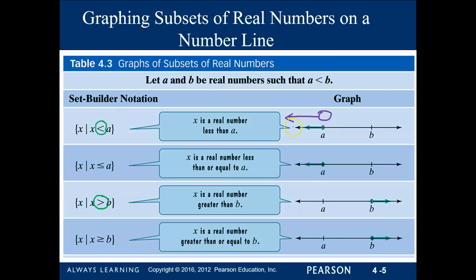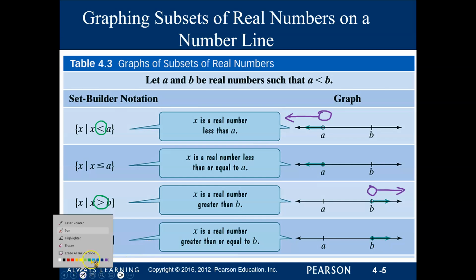So as you can see here, if it is not very clear, this is an open dot. So here, if it is greater than, we are going to the right, so you can see that it's going to be like this. The moment that you have your equal to symbols, okay, instead of having a hollow dot, the ones that are with the equal to symbols, you are going to use solid dots in there, shaded dots, okay?